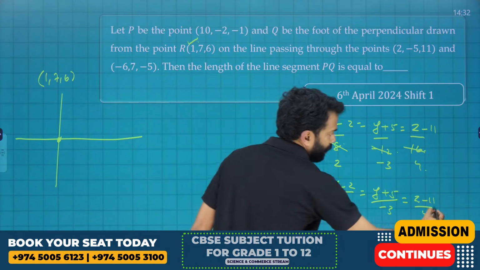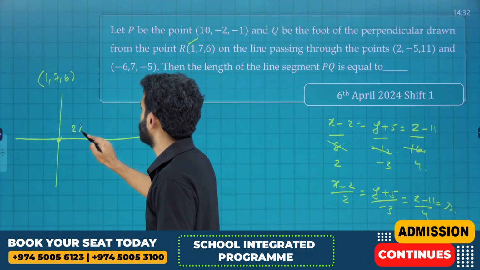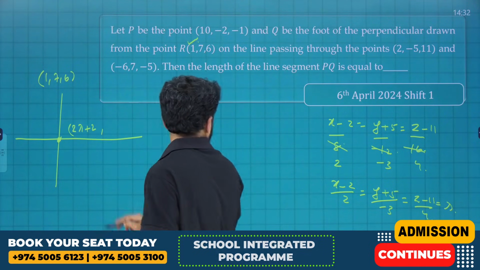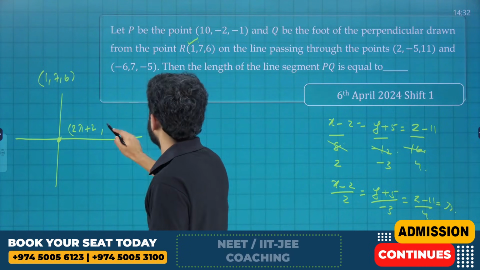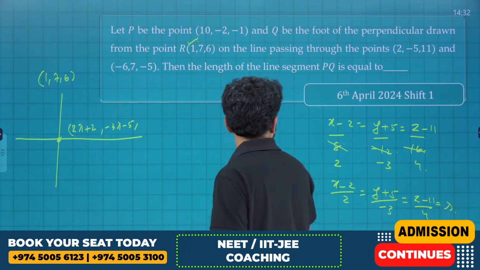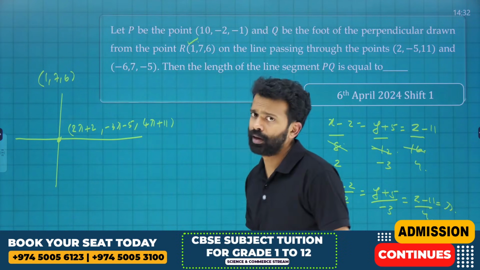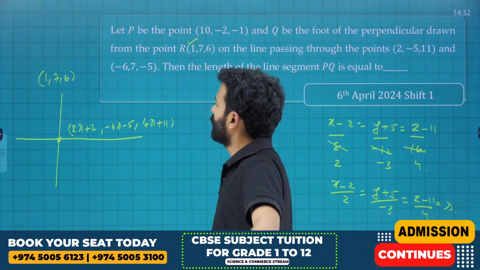The general point on that line, if you assign lambda, is 2 lambda plus 2, minus 3 lambda minus 5, and 4 lambda plus 11. Okay, we can start.